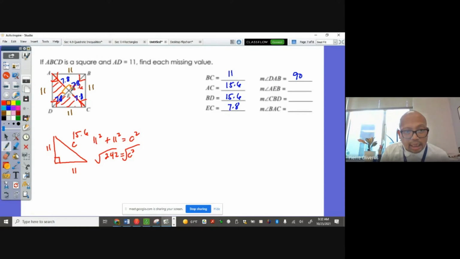This is 90, that's 90, that's 90. So AEB is also 90. CBD is going to be 45 because the diagonals are angle bisectors. So 90 divided by 2 is 45, which we got from the rhombus. And BAC is also 45 degrees. And there you have it.